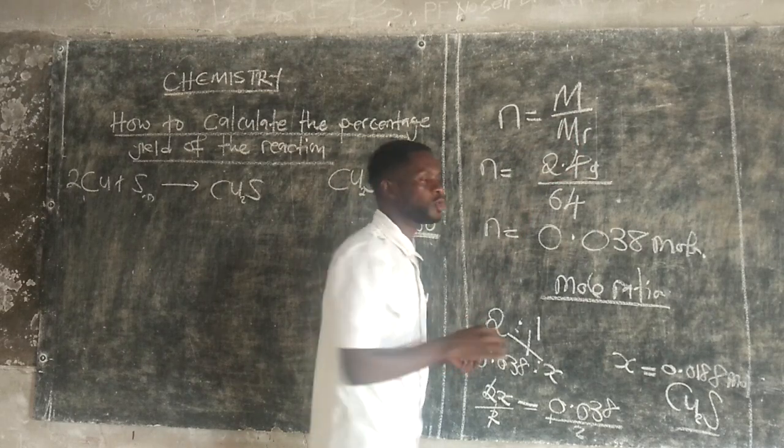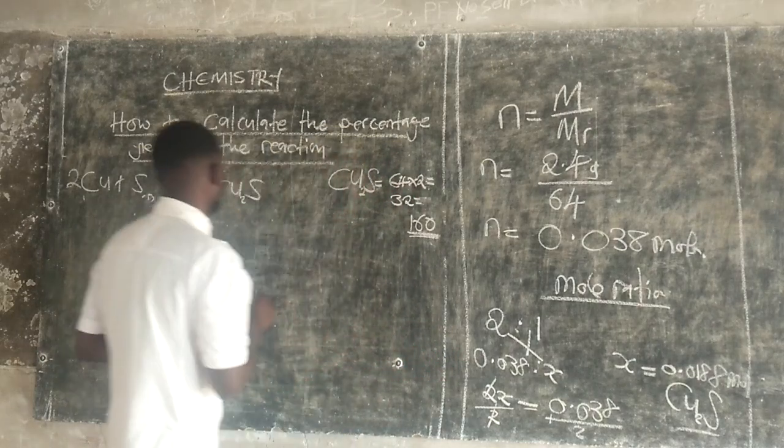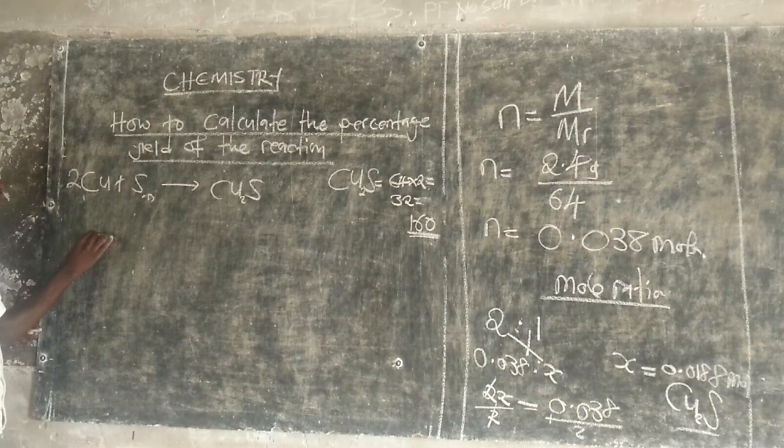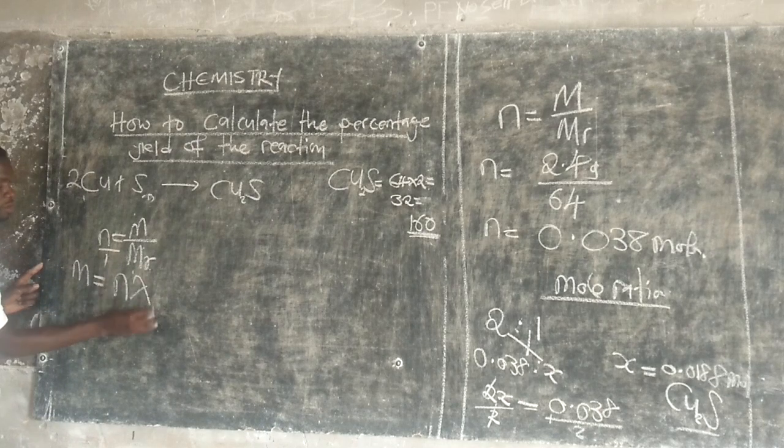Here we are going to make mass the subject of the formula, so mass is equal to number of moles multiplied by the relative molecular mass.